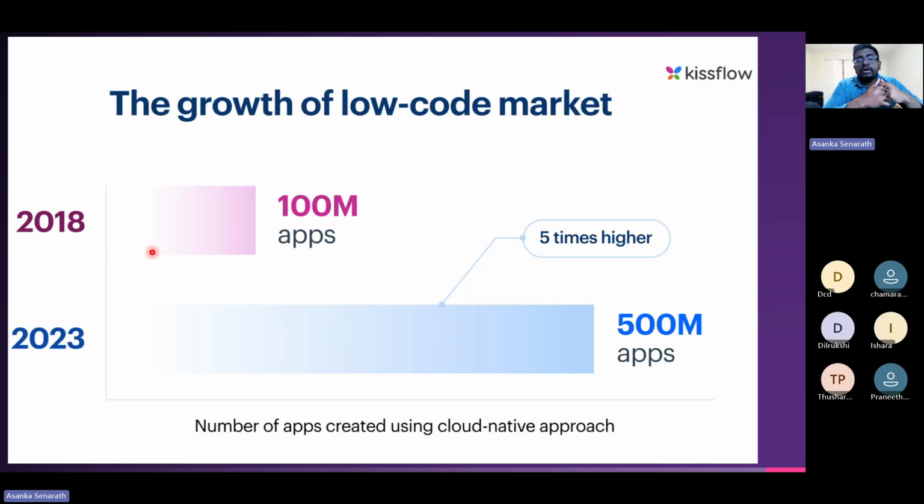So whenever you wanted to create an application for this process, earlier they would hire a software engineer, and the software engineer would explore the process, what they are doing, and build the application.